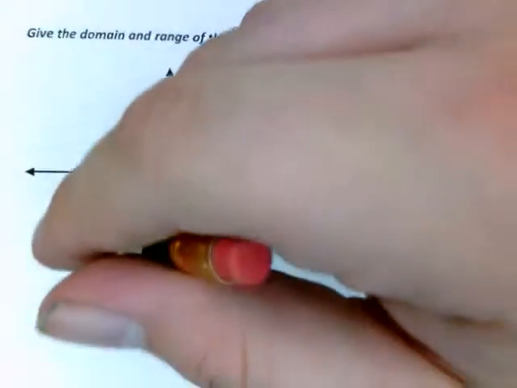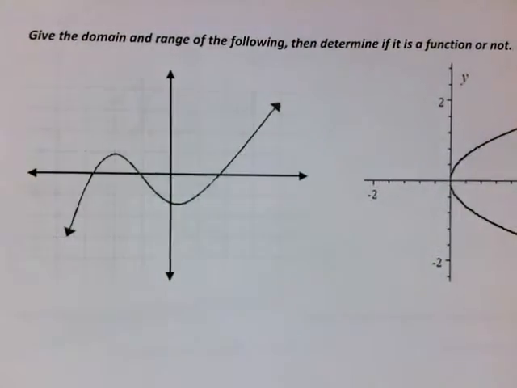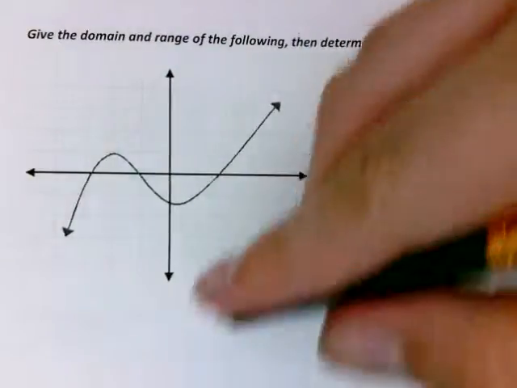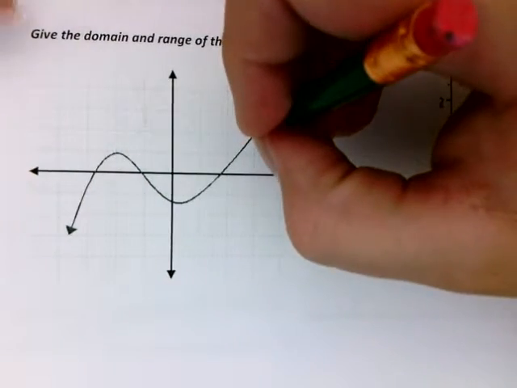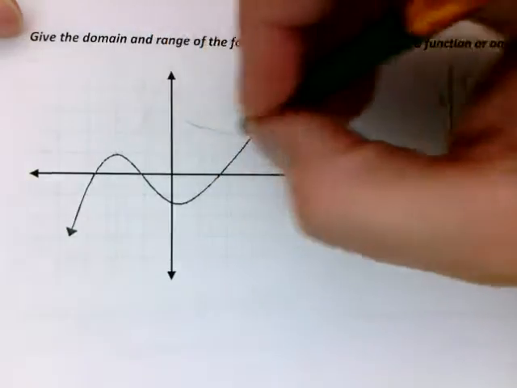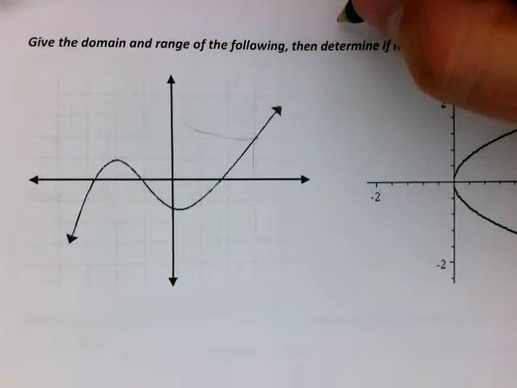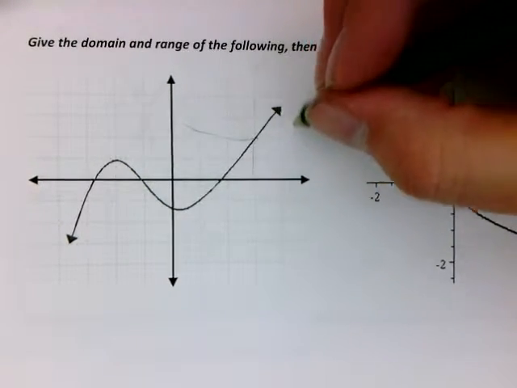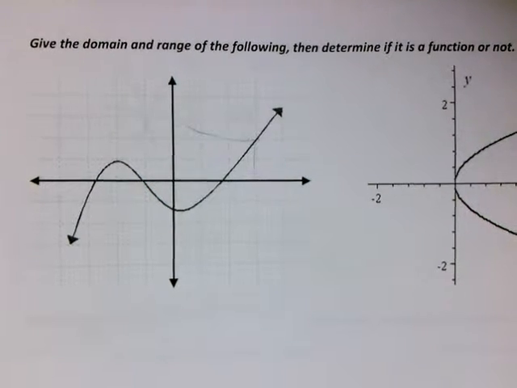Okay, so as you can see, this thing is going down and to the left forever. This one's going up to the right forever. What that means is that it encompasses essentially all the X values and all the Y values. No matter where I put my finger on this point, I can draw it to either a Y value or an X value, and since it's going up this way forever, I will always be able to draw from the line to an X value or to any Y value.